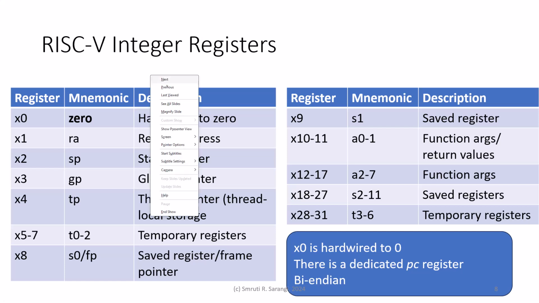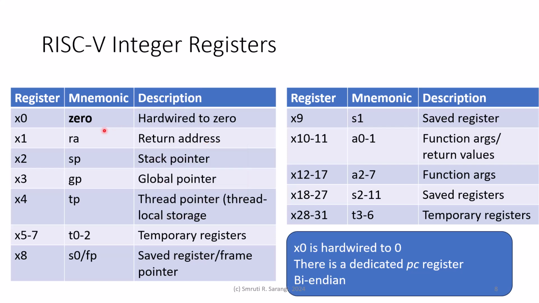So now let's take a look at the integer registers. There are 32 registers as we have mentioned. The first register is called X0. Incidentally, the registers have two names. The registers are either X0 to X31. That's one way of addressing them.